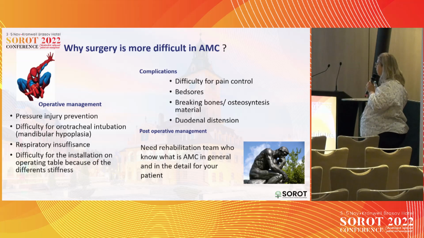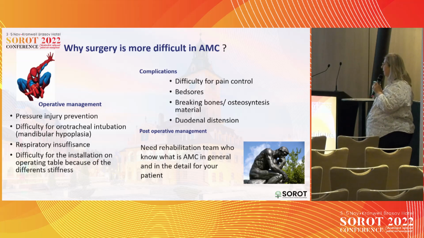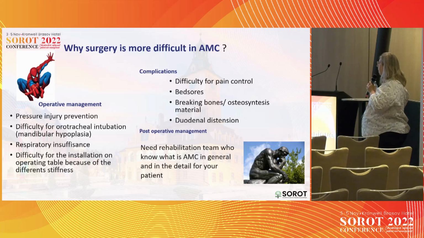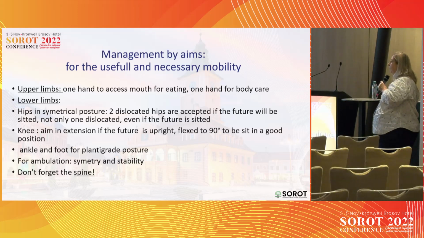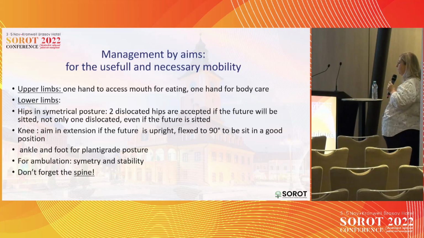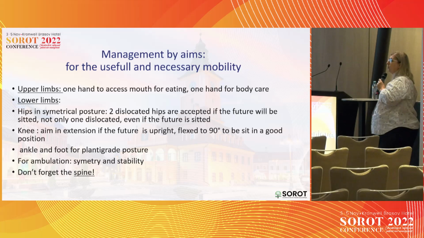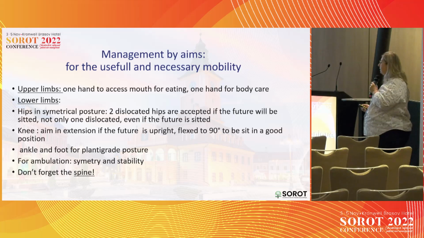They need rehabilitation with a team who know what AMC is in general and who the special patient is. So the surgeon has to define aims for the useful and necessary mobility. You can be sure that the joints will not be normal after surgery, so you have to know what is important.